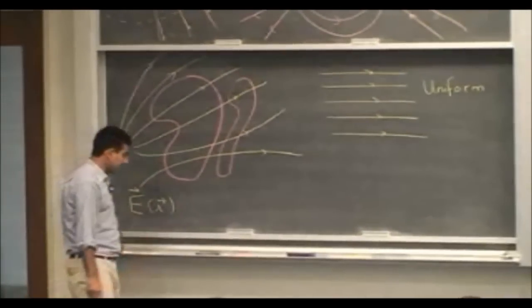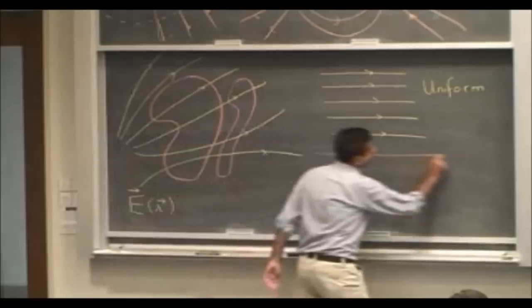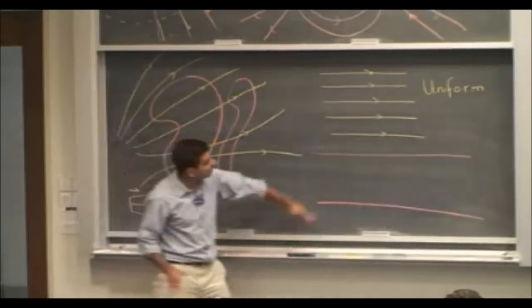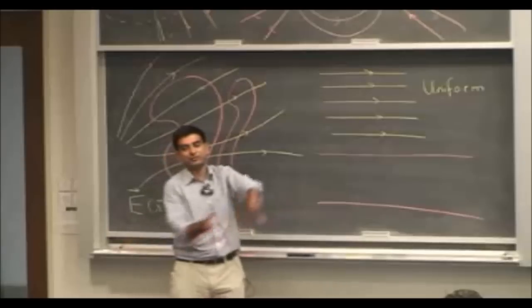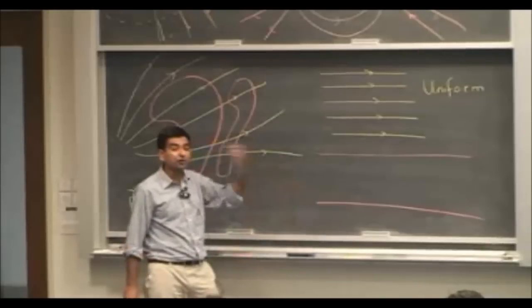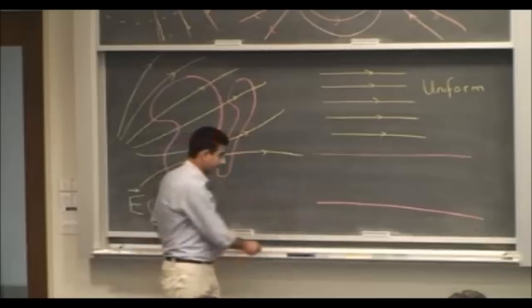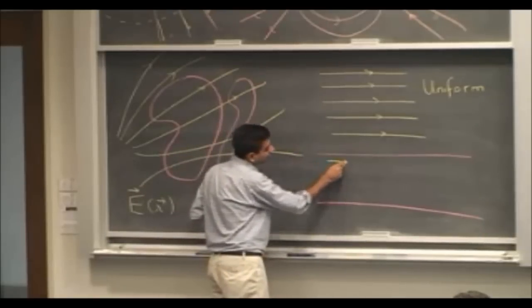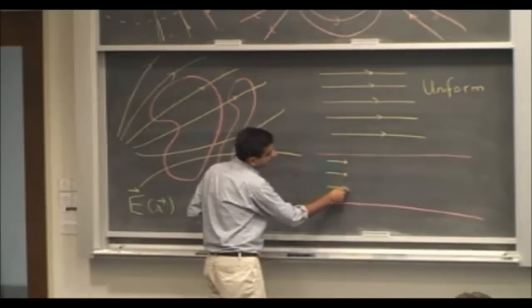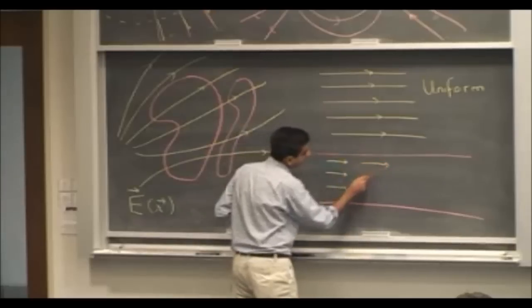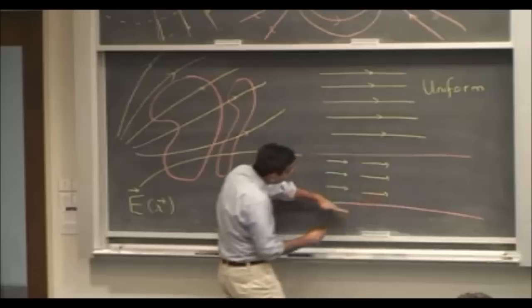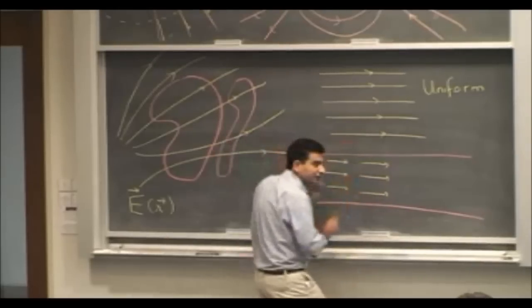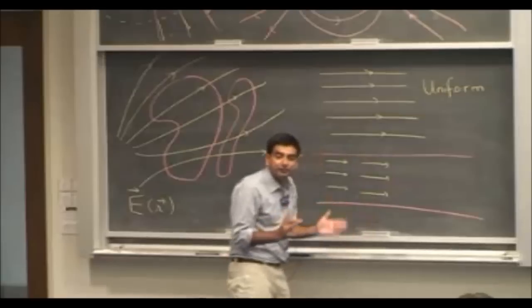Now let me give you a simple example. I have a river and water is flowing inside the river, and the water is flowing throughout this width of the river with uniform velocity. So let's draw a vector field for the velocity. Since the field is uniform, I would like to draw arrows, each of these arrows is of the same length, pointing in the same direction. The length of these arrows is constant along the width of the river and it's constant along the length of the river. This is what a uniform field means.